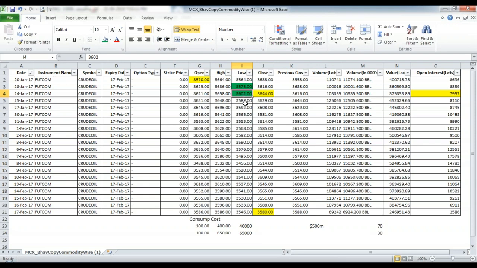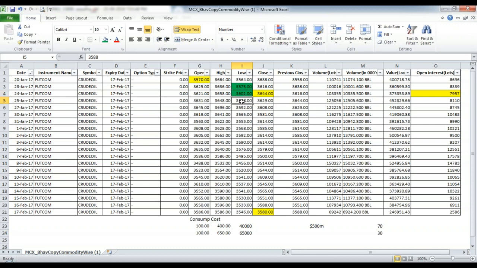Just try to visualize this. On this day, it went below 3600, 3602, and it came back and closed above 3602, right? There was some sort of an indication of buying which had happened, right? The next day when it is opening, it goes below 3602. Was this not a support yesterday? This 3602, was that not a support yesterday?